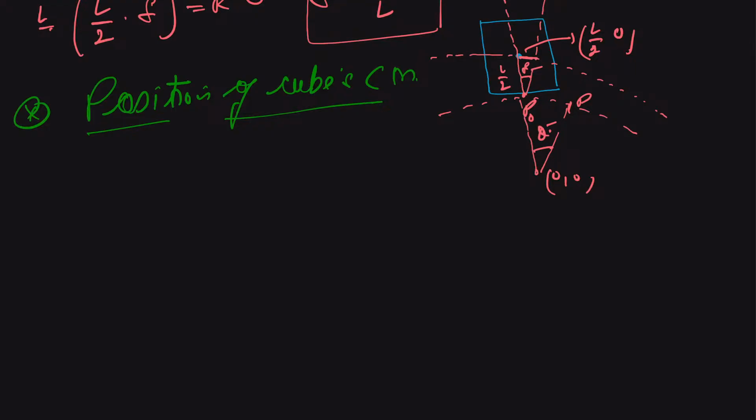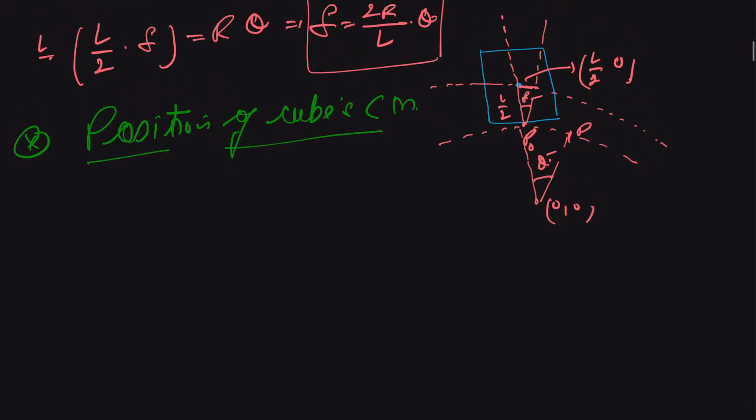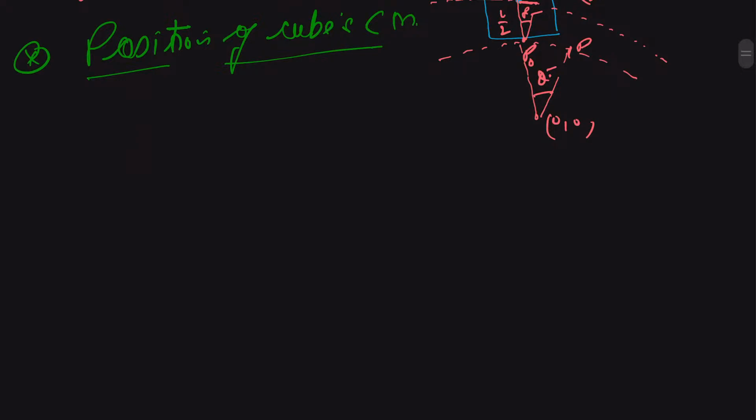Let me draw the figure again. So this is our cube, and this is the origin 0, 0, and suppose this is the center of mass, and this is P, which is equal to P naught, and at this position theta is equal to 0.